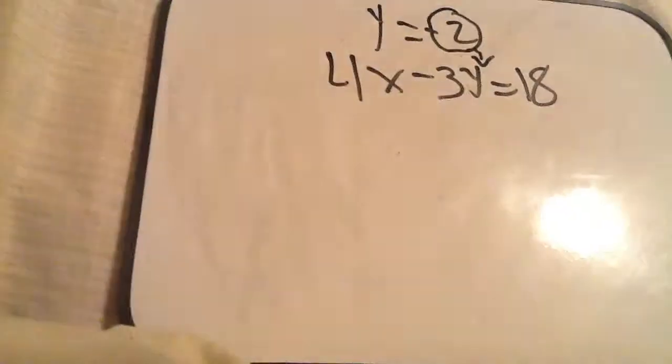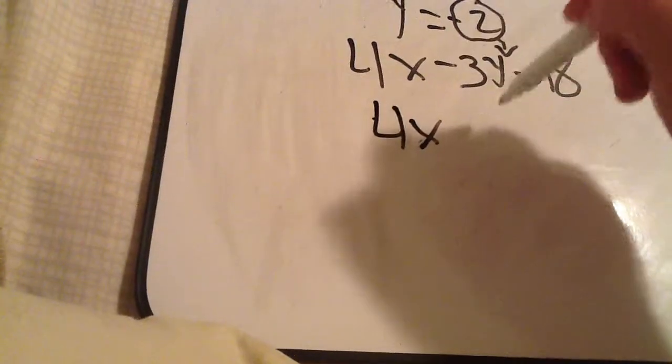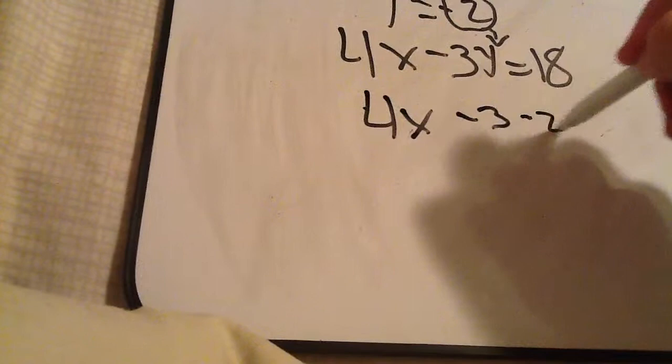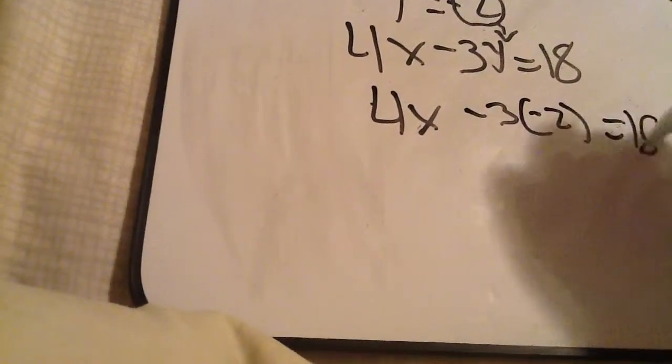And now 4x minus 3, and then you're going to do negative 2 equals 18. Simple. And now you're basically multiplying this. So 4x plus 6 equals 18.